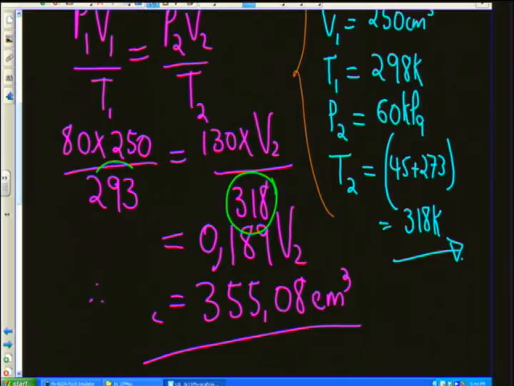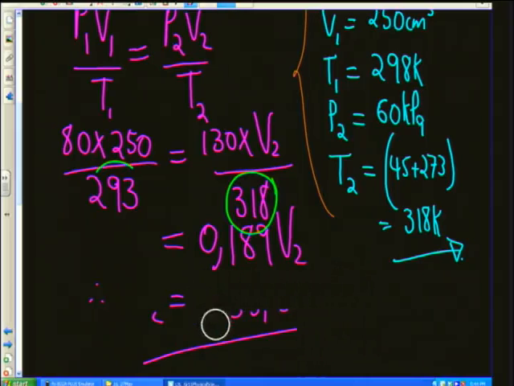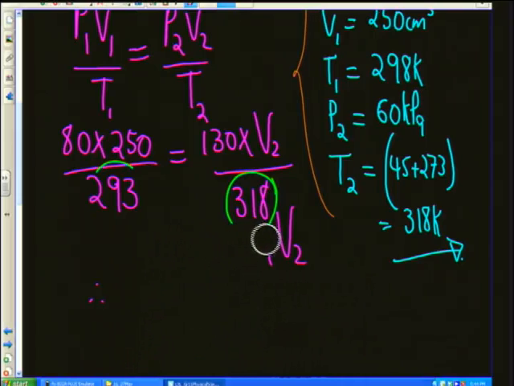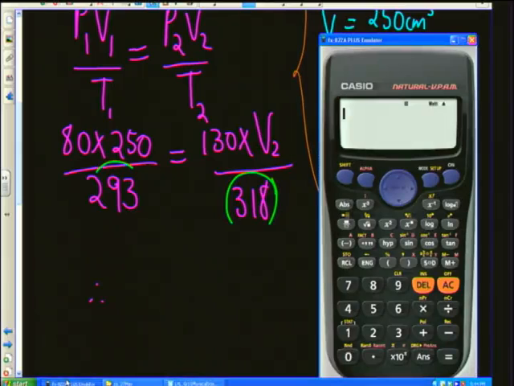Then when you work this out, it will begin to make sense, because it will show us that the volume has decreased. If you compress something inside a container, the volume of that substance is bound to decrease. So let's go through the calculator quickly.